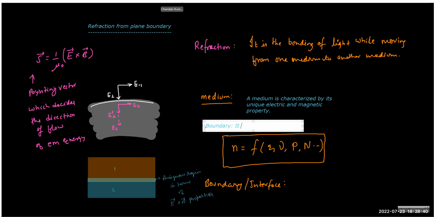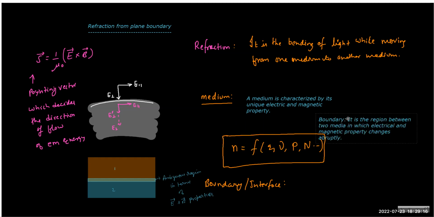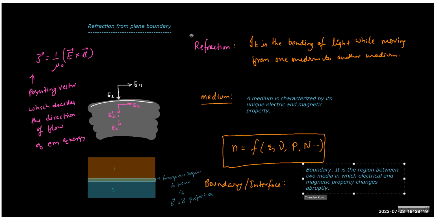It is the region between two media in which electrical and magnetic property changes abruptly. I hope this is clear, guys.